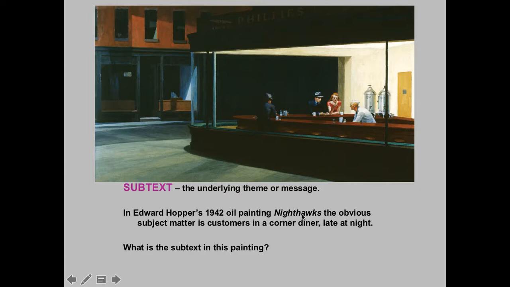Part of the other subtext in this painting is that we're looking in here at them, and there's no doorway out. Normally a diner has a doorway right here on the corner, and for some reason this isn't showing that to us. Well, that reason is because we're meant to feel that tense, claustrophobic feeling of being trapped in that space. And they are a little bit trapped in there because there's no one else out there.